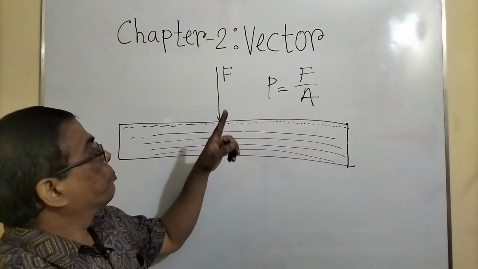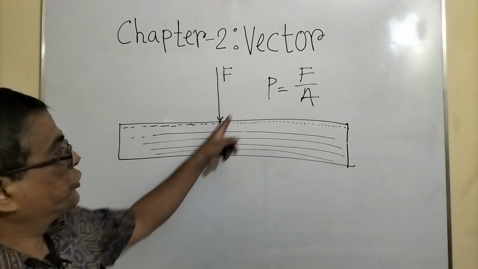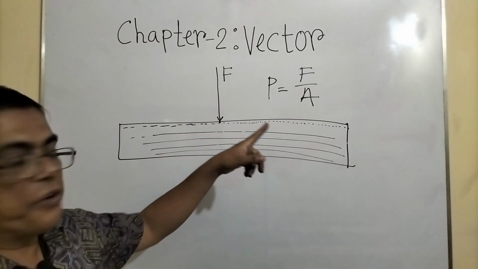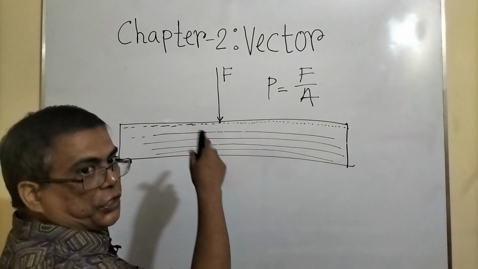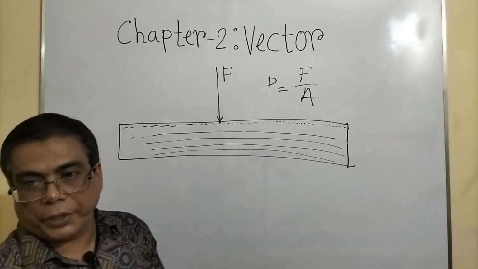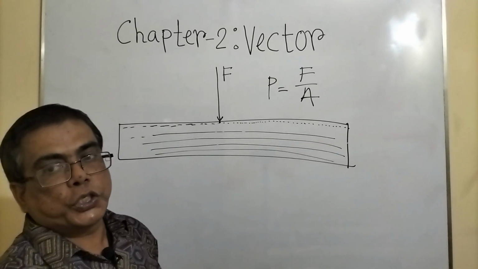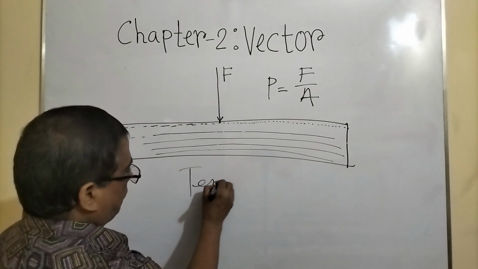Since the developed pressure has different magnitudes and different directions, in a solid substance, in a solid plane, or in a solid object, the pressure is a tensor quantity.